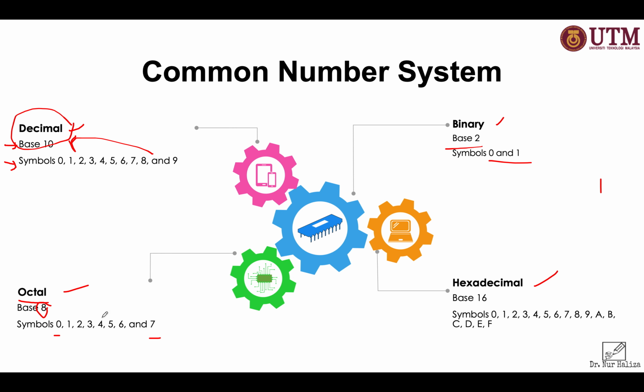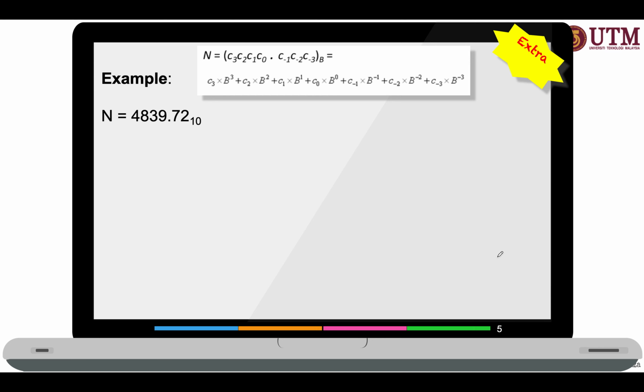Hexadecimal is base 16, and the symbols are 0 until 9, followed by A until F. It's quite simple if you can memorize this basic understanding of the numbering system for each base: decimal, binary, octal, and hexadecimal. So let's move on to the examples.